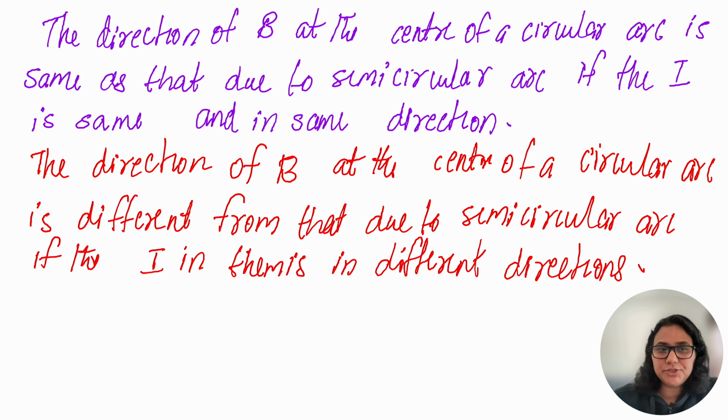The direction of the magnetic field at the center of the circular loop is the same as that due to the semicircular arc if the current is the same and in the same direction, whether clockwise or anti-clockwise. The direction is different from that due to the semicircular arc if the current is in the opposite direction.